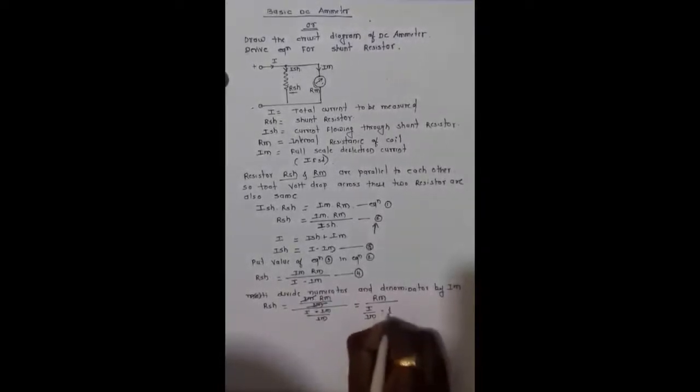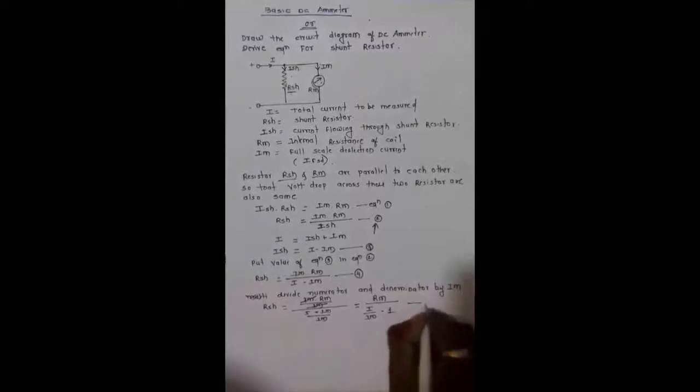So our equation is Rm divided by I upon Im minus 1. It is equation 5.